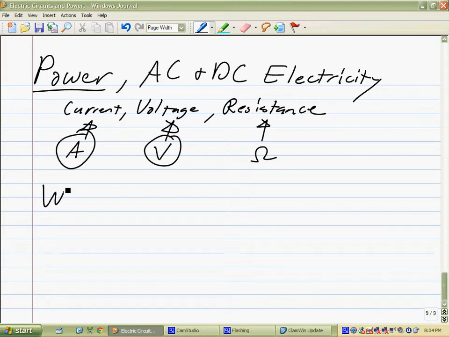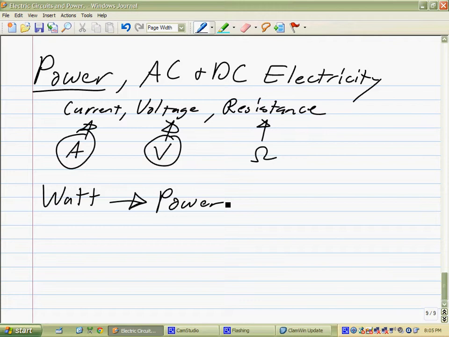And really they're going to charge you by something called a kilowatt hour. And we'll get into what that is in a little bit. But they're going to charge you by the power that you use. And they're going to take the power that you use, multiply it by the time you use it for, and use that to come up with your bill rate.